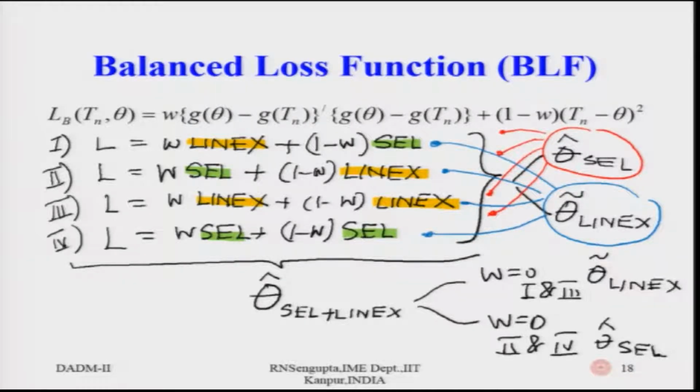Generally, we will need to find out whether you can do it for the balanced loss function, and obviously we will consider some assumptions. This is just a precursor based on which we will come back and consider it later. Again, remember we have 4 combinations: squared error, Linex, Linex squared error, then Linex and squared error.